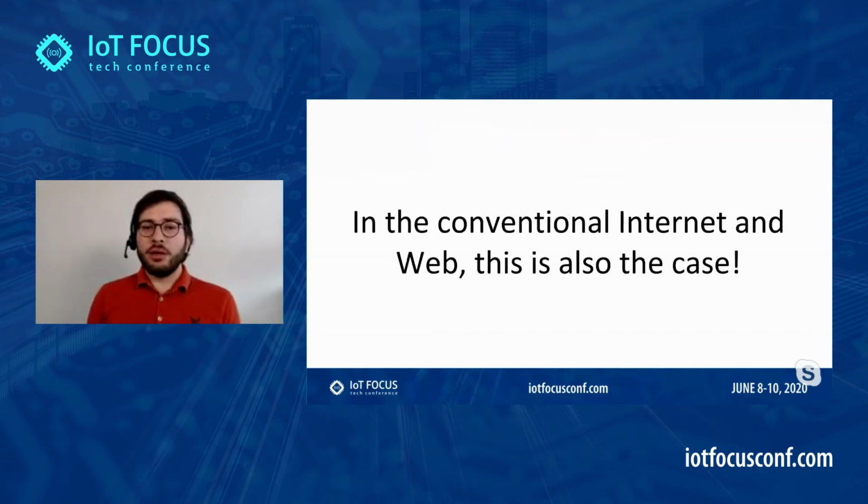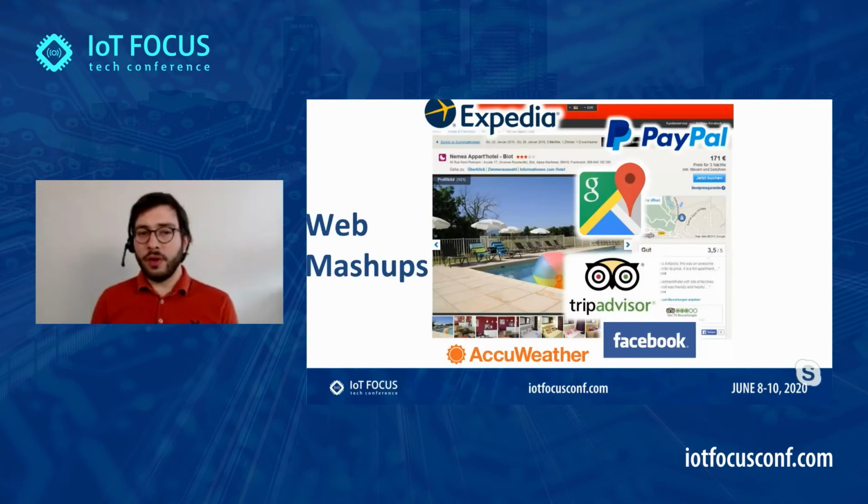And in the conventional internet and the web, so like all the websites we see or different web services, this is also the case. So if we look into conventional websites, generally we use the term web mashups, where we say that travel booking websites such as Expedia can use payment services from PayPal, map information from Google Maps, or dynamically show the weather information based on your booking dates.